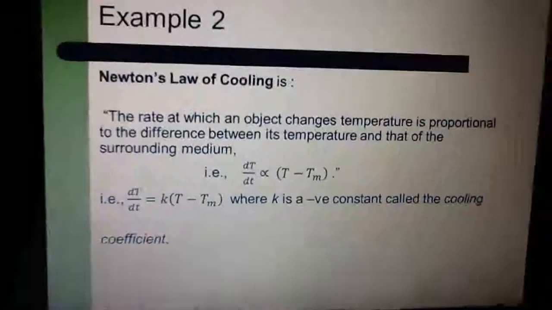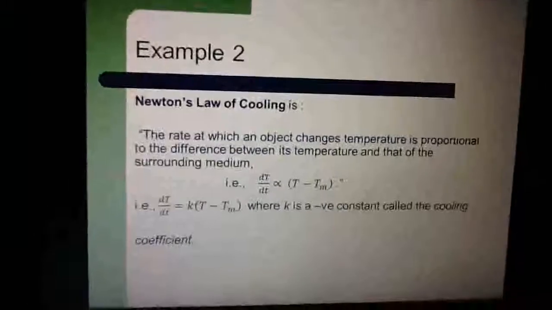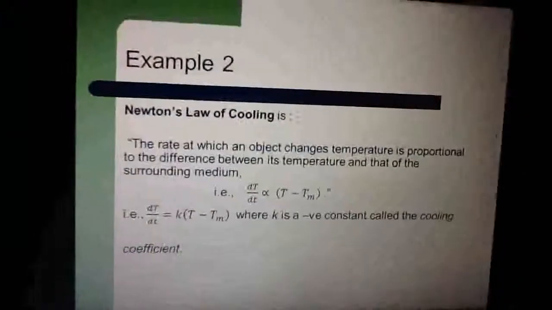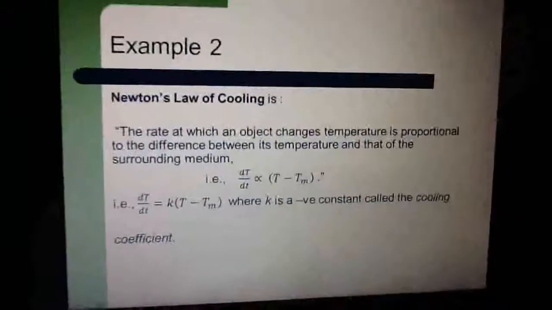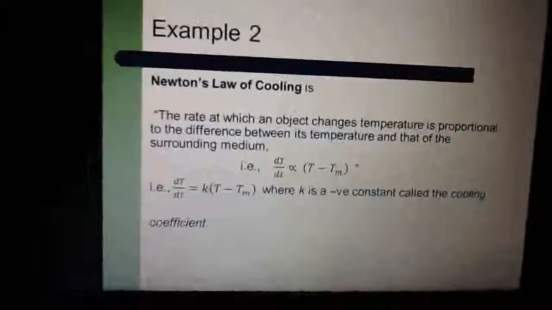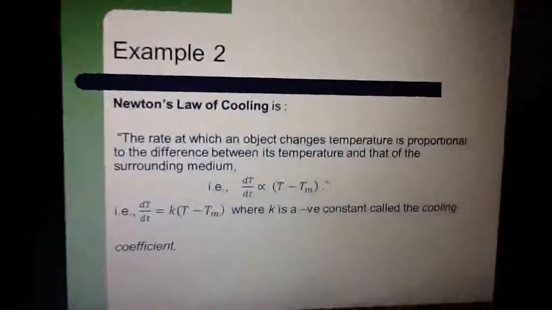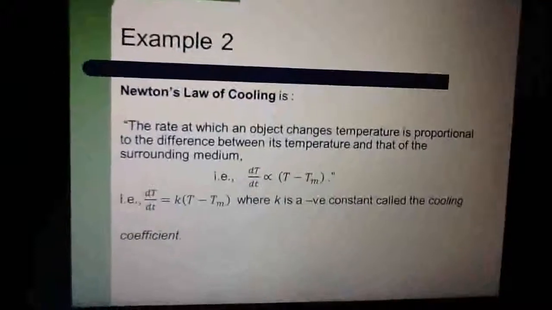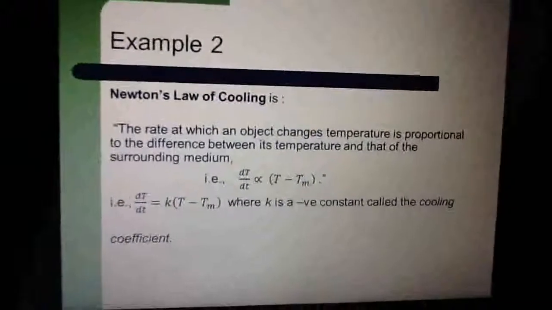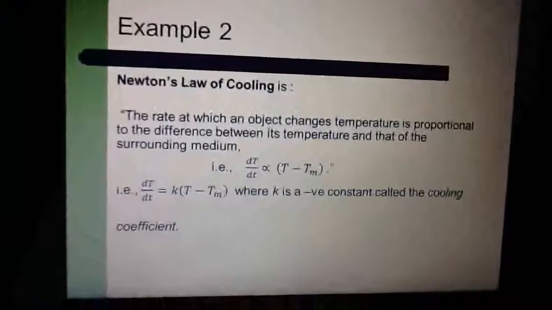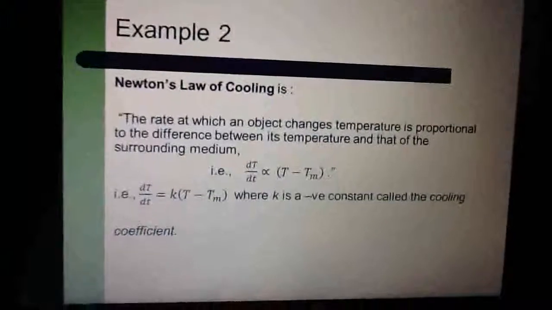Now, let's look at example number 2. Example number 2 is about Newton's law of cooling. Newton's law of cooling is that the rate at which an object changes temperature is proportional to the difference between its temperature and that of the surrounding medium.